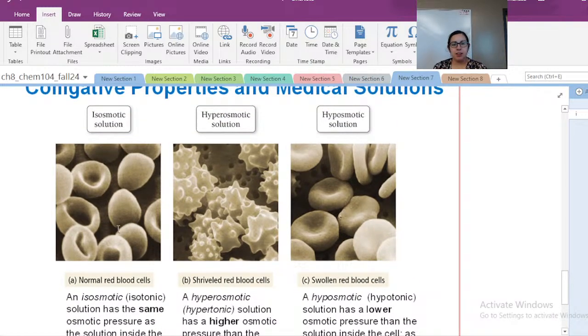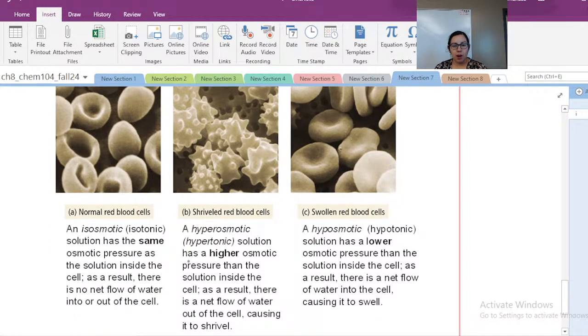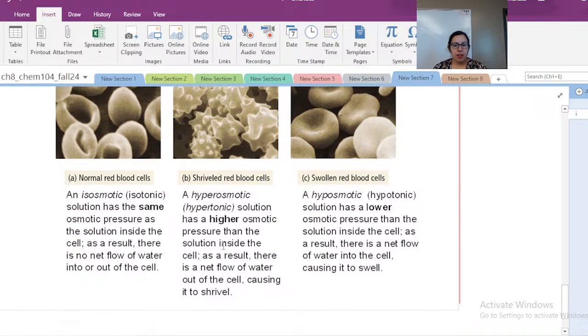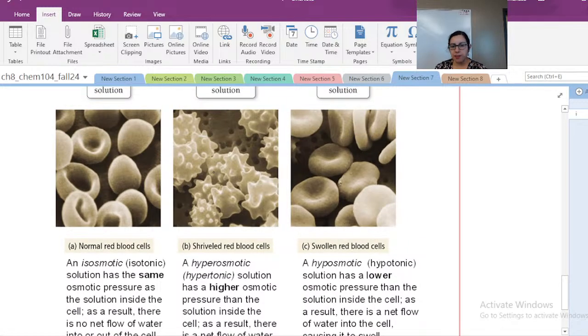Now let's look at a hyperosmotic solution, or a hypertonic solution. This could be, maybe, if you have a too high sodium diet. This is a very extreme case, but it gives you a sense of why you don't want to put too many electrolytes in your bloodstream, although now I've been hearing research that we have too few electrolytes, so who knows.